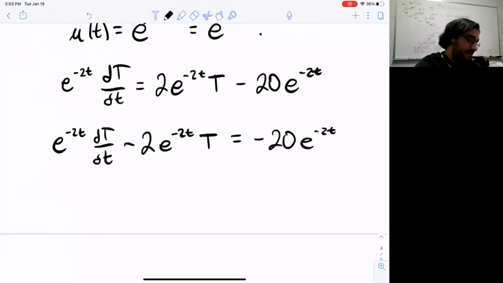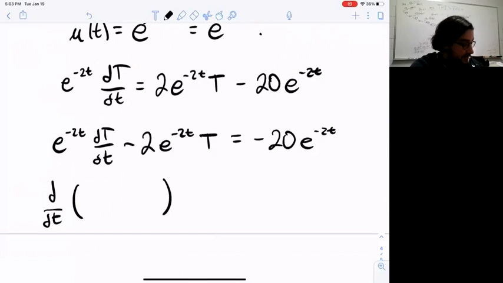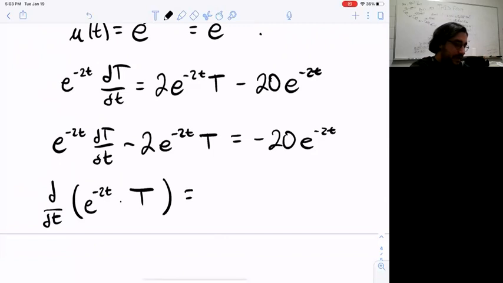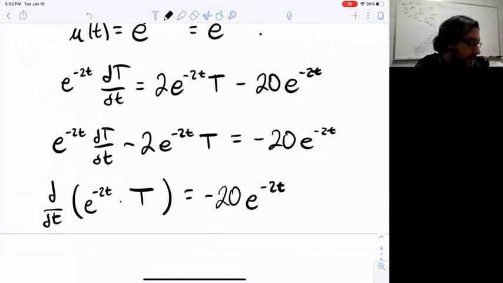Then what happens? Well, right here, this is maybe the trickiest part of this. Notice by the product rule, this is just mu times your unknown function, big T. That left-hand side cleans up with the product rule. Why? Well, look at it in reverse. How would you implement the product rule if you took this derivative?